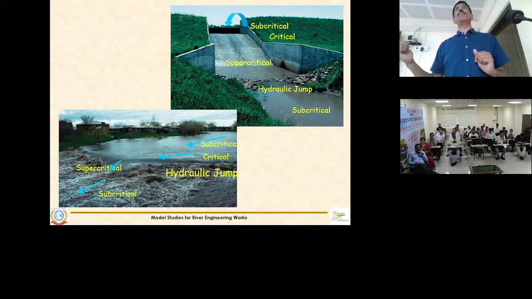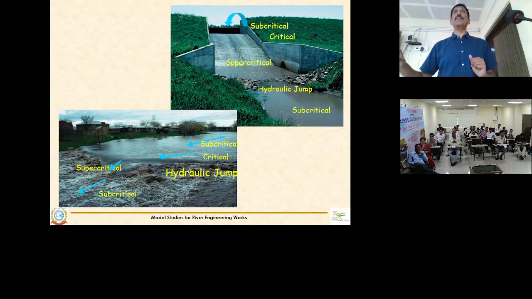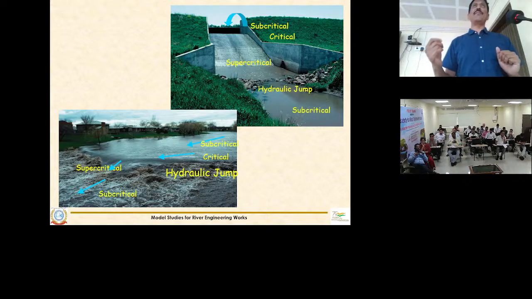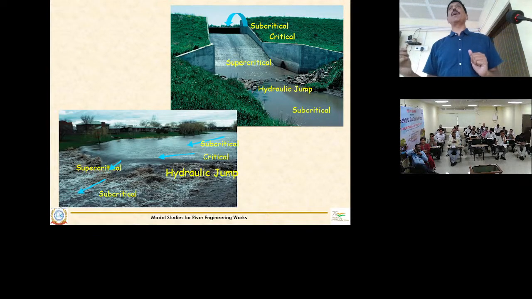So you may have to choose some other tool, like physical modeling. Physical modeling is ideally suited for this because a lot of changes are taking place and the numerical model is not capable. Even a three-dimensional model like CFD finds it very difficult to capture, because the scheme used for solving the equations is not stable for these sudden changes.